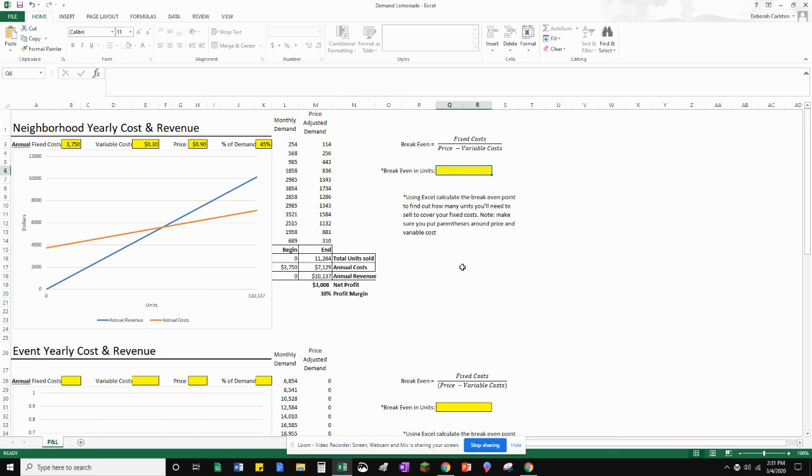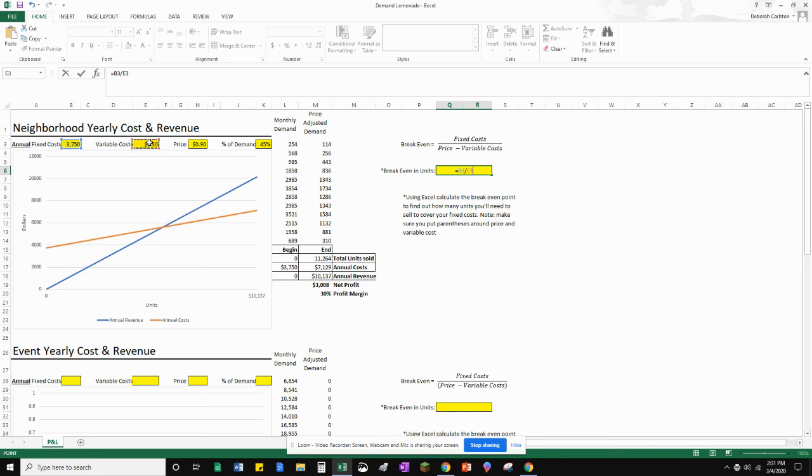So here you just need to do your break-even point, and that's just inputting this formula. So equals fixed cost, click on that, divided by variable costs. And this is something that's very important.